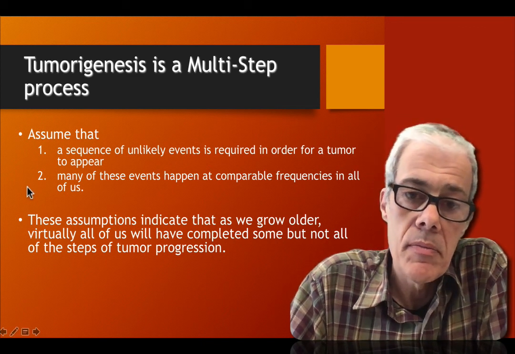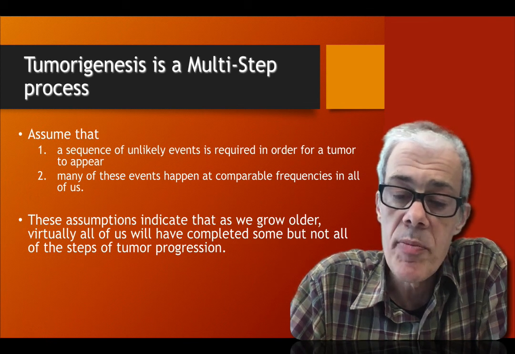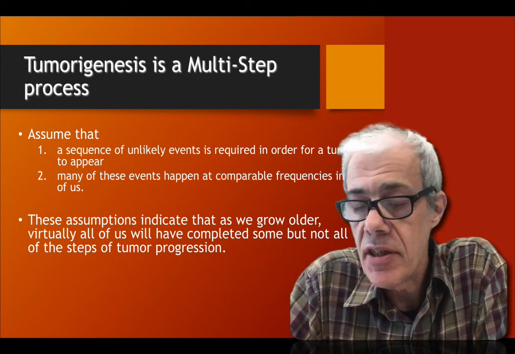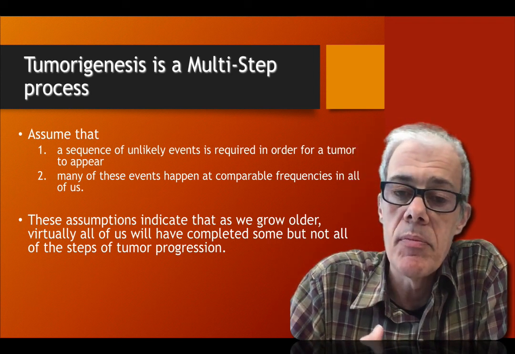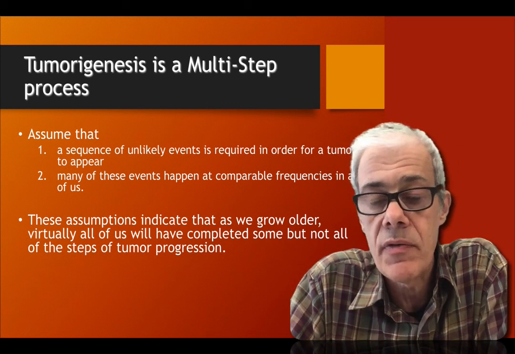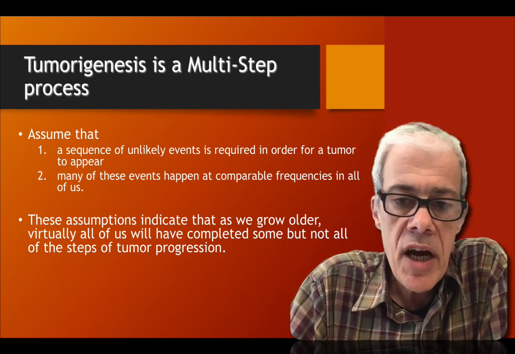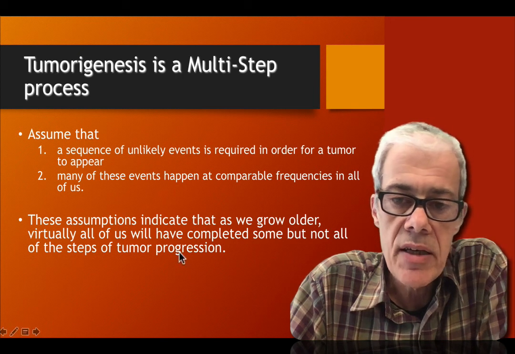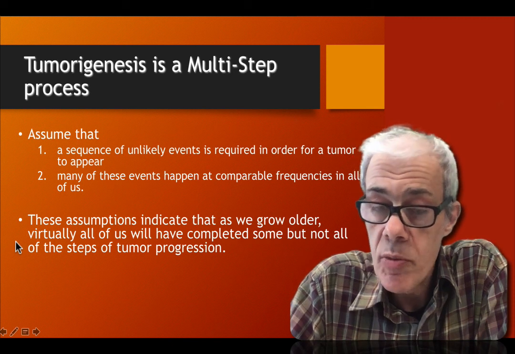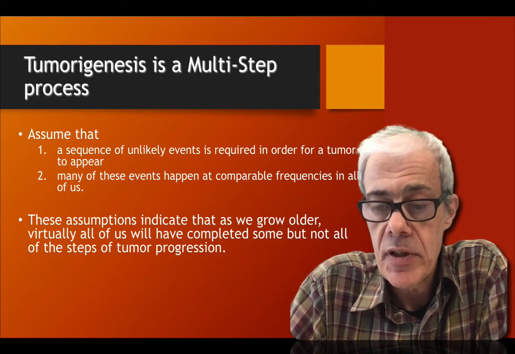Now, these kinds of events happen at comparable rates in our bodies. So we're considering here not a carcinogen. This is just general background mutations that occur in cells as a normal part of cell growth and development. So this kind of theory assumes that as we grow older, we will have completed some steps towards tumor formation, but not all of the steps towards tumor progression. Okay.